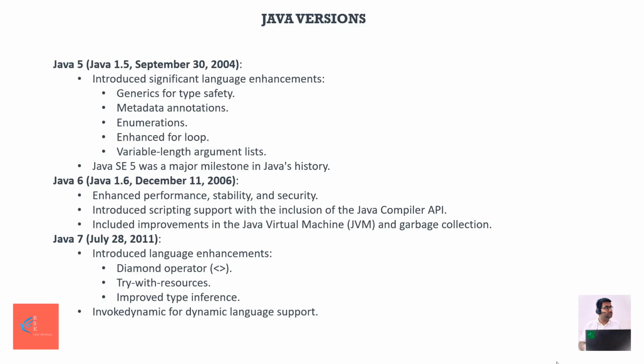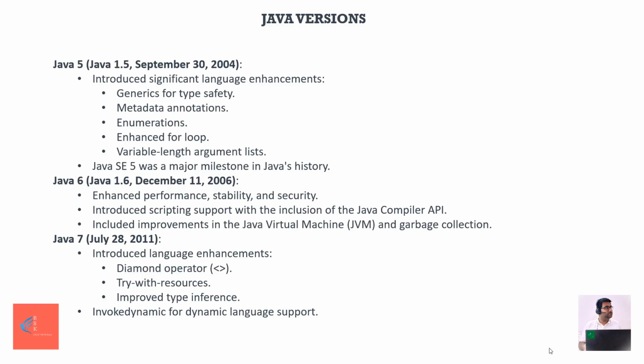Java 6 had enhanced performance, stability, and security, and introduced scripting support with the inclusion of the Java compiler API, along with improvements in the JVM and garbage collection. After that, we had Java 7, which introduced the diamond operator, try with resources, and improved type inference. It also had dynamic language support.